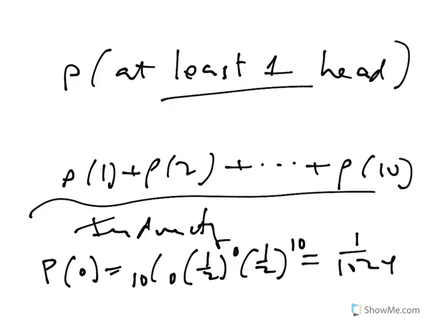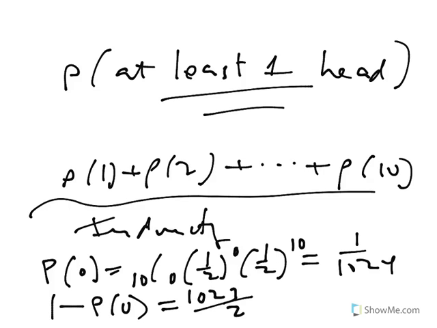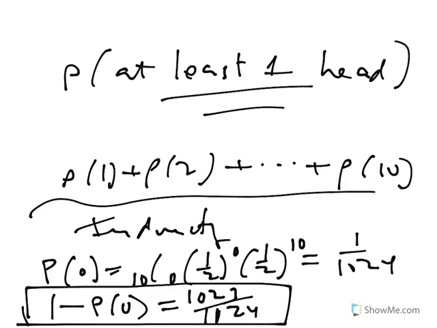So at least 1, you could do 1 minus the probability of 0 and get 1023 over 1024. That's called indirect probability, where instead of calculating the probability directly, you do 1 minus the probability of it not happening. Okay, so that takes care of Bernoulli experiments, or Bernoulli probability, sometimes called binomial probability.